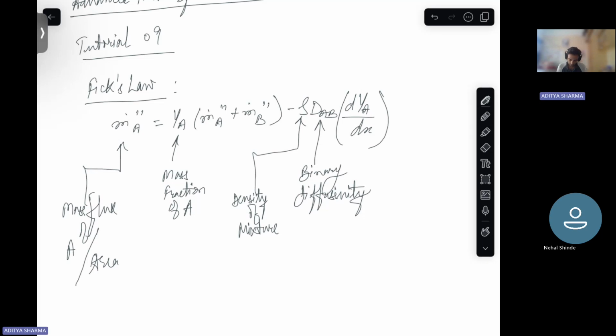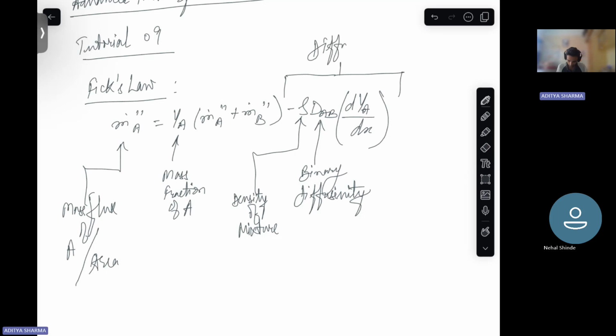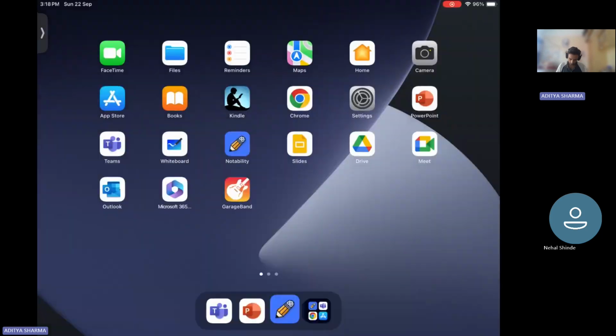And this whole term, if you see, is called your diffusional flux. After that, this is Fick's law of diffusion. Okay.